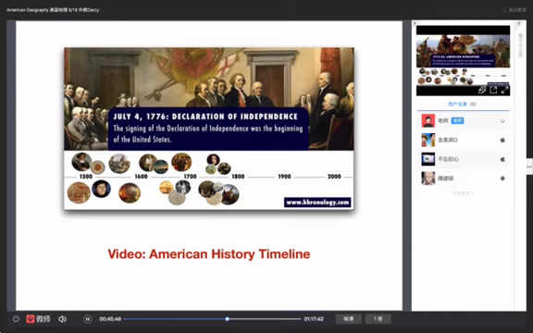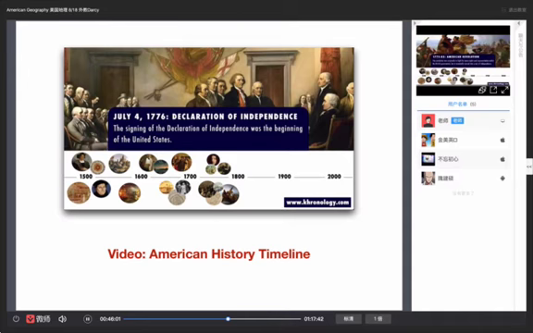So here it says the rebellion was originally to fight for more rights and representation within the British government, but it eventually turned into a war of independence, 1775 to 1783.